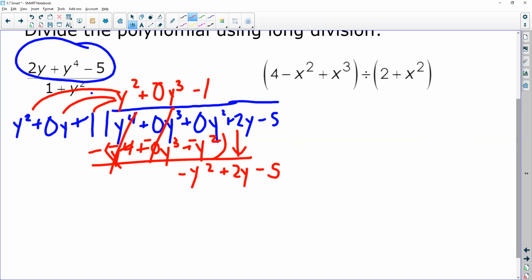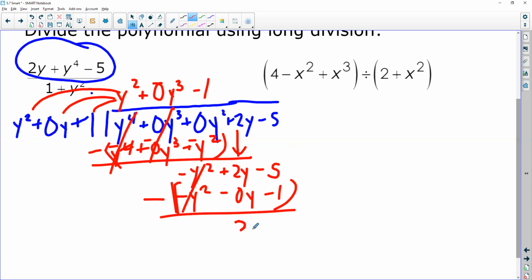So that becomes negative y squared minus 0y minus 1. Put it in parentheses and subtract. Those cancel. That just becomes 2y. And that becomes minus 4. So at this point, I can't go any further because I can't turn a y squared into a 2y.